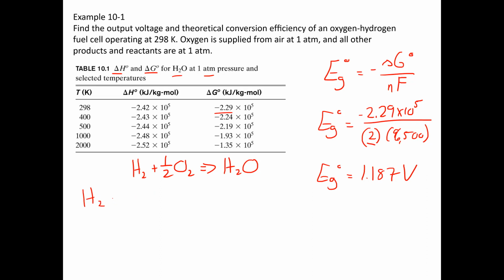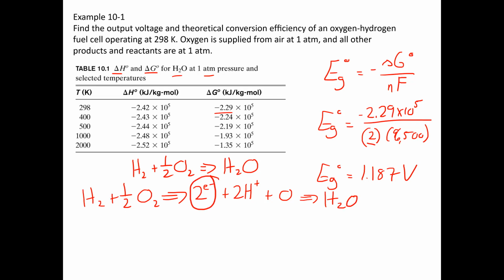So this reaction of 1 mole of hydrogen and 1/2 mole of oxygen is actually split so that I basically get 2 electrons from the dissociation of the hydrogen and 2 positive ions from the hydrogen reacting with my oxygen to produce H2O. So again, I get 2 electrons based on the 2 half reactions that we talked about, and that's what becomes this number of electrons here.